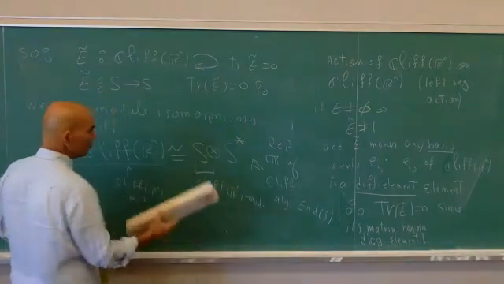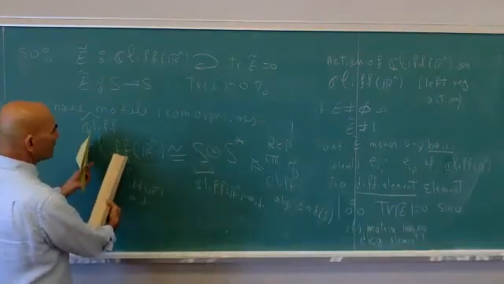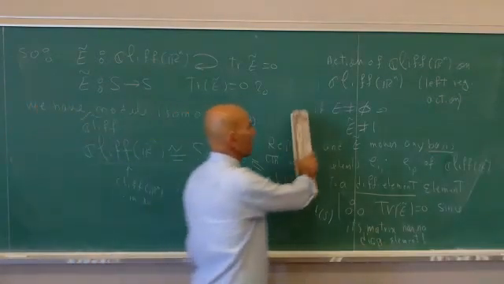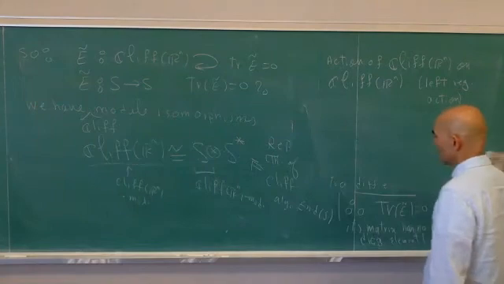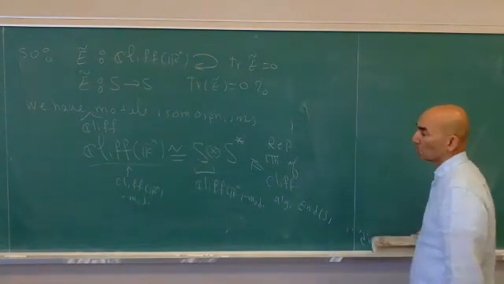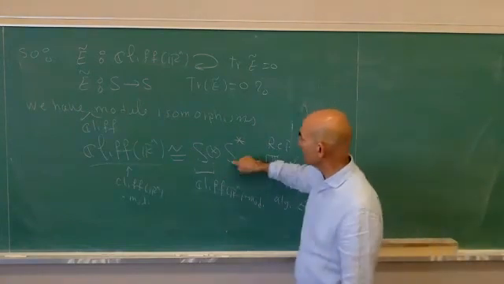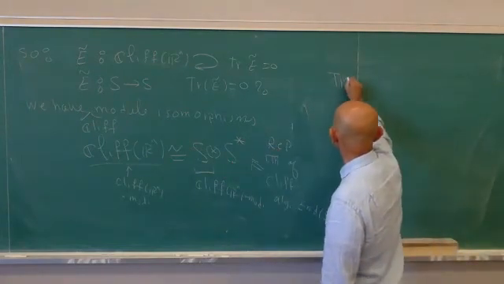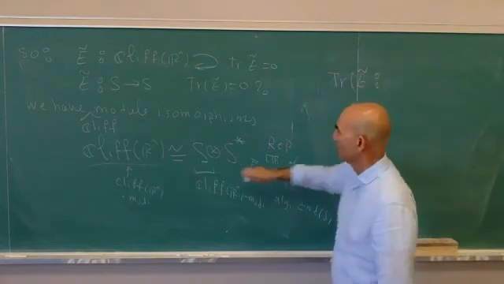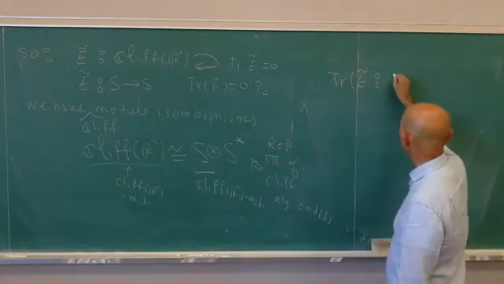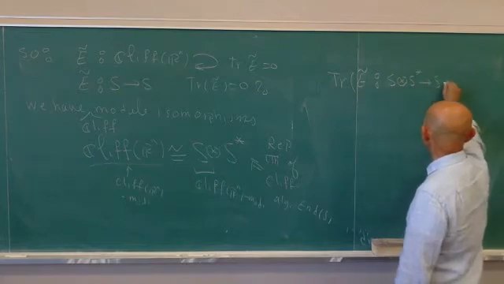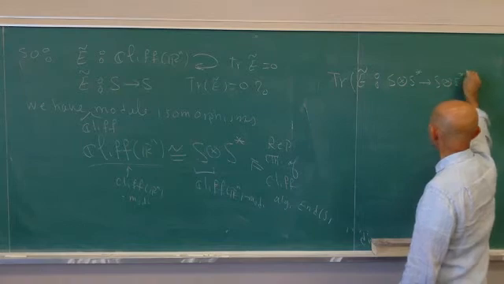Now, to compute the trace, you can compute it either here or over there, because these modules are isomorphic. But the trace of E tilde as a map from S tensor S star to S tensor S star, what is that?